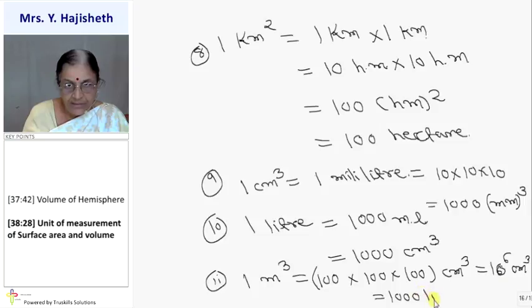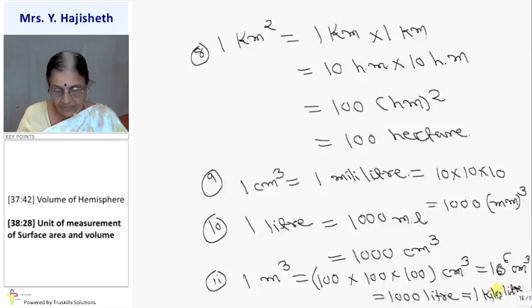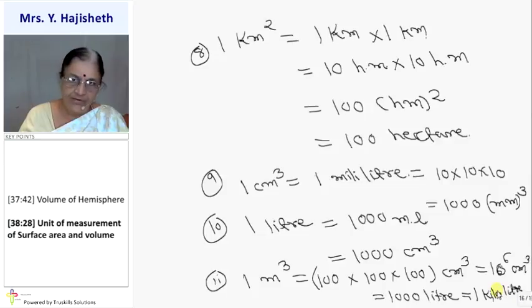And 1000 liter is 1 kiloliter. So 1 meter cube is 1 kiloliter. And 1 meter cube is 1000 liter. 1 meter cube बोलो या 1 kiloliter बोलो, it is one and the same. And 1000 liter is 10 raised to 6 milliliter or 10 raised to 6 centimeter cube.